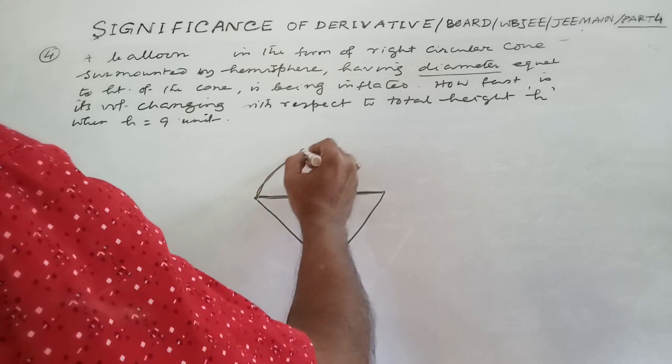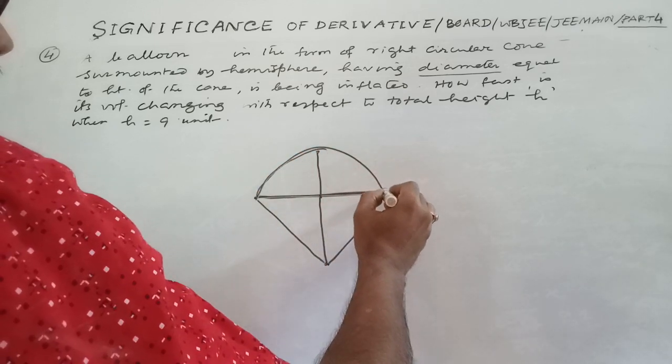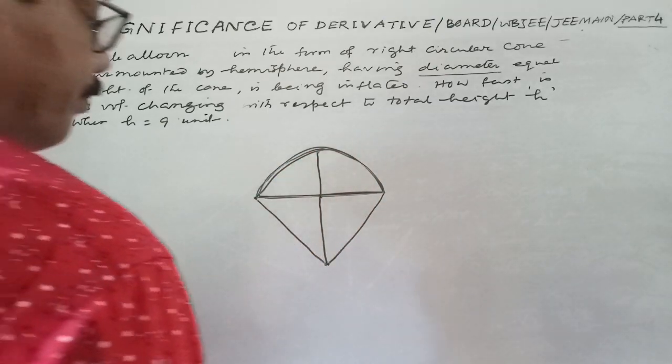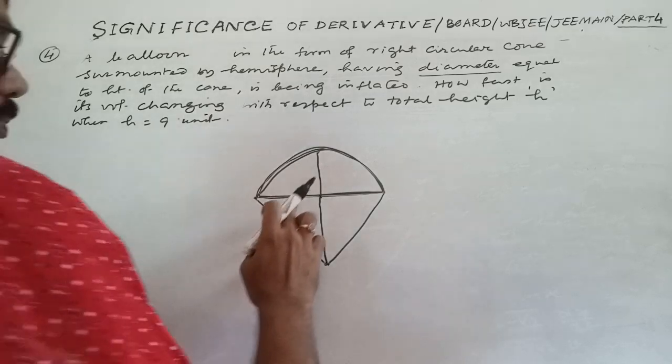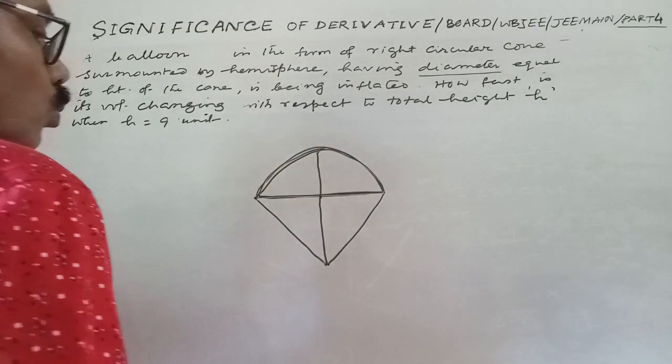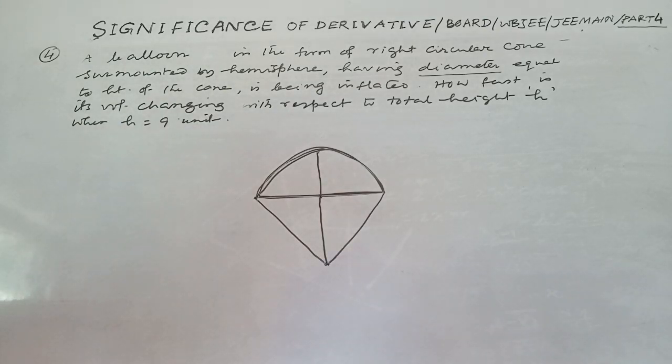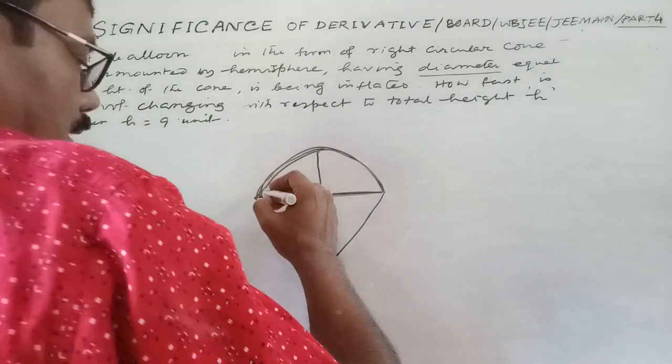So this is the form of the balloon, this type. It is inflated, that is, with the help of pumping, it is inflated.